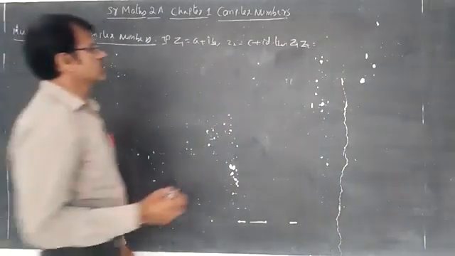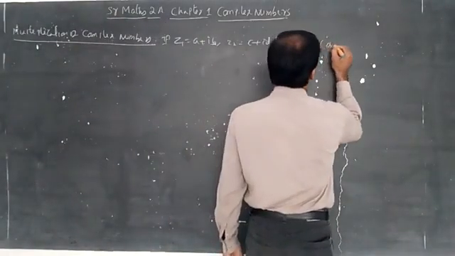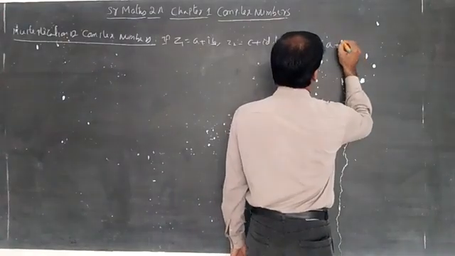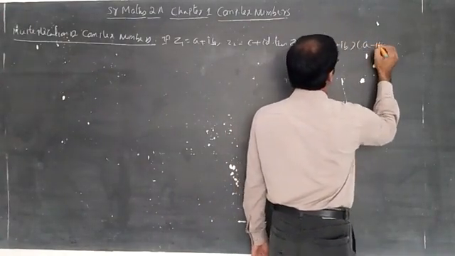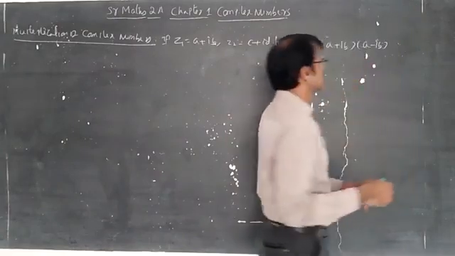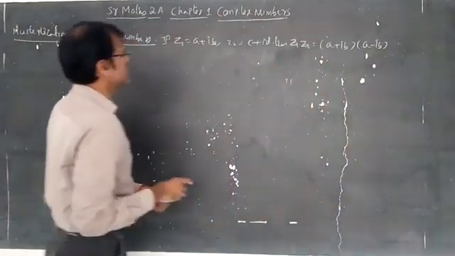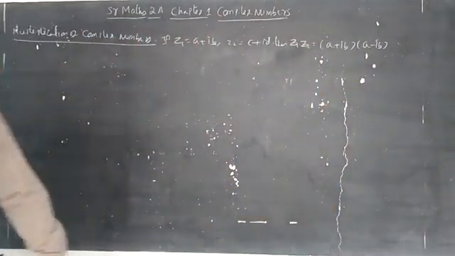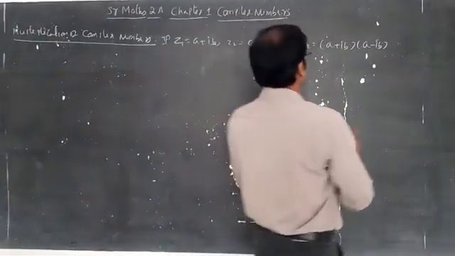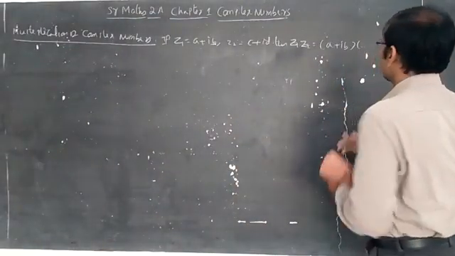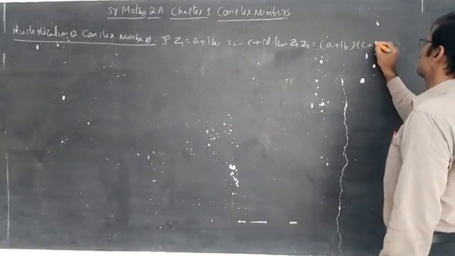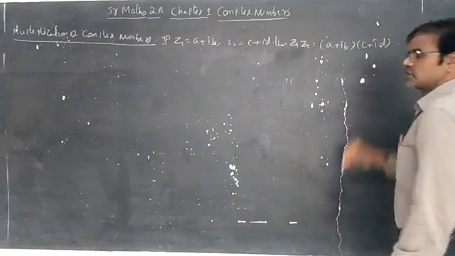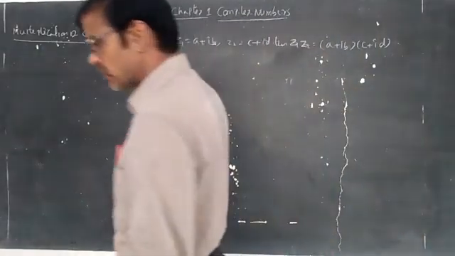So one complex number is multiplied with another complex number. We can write it like this: (A plus iB) into (C plus iD). This is C plus iD, separate from the conjugate. We can discuss later about conjugate complex numbers.